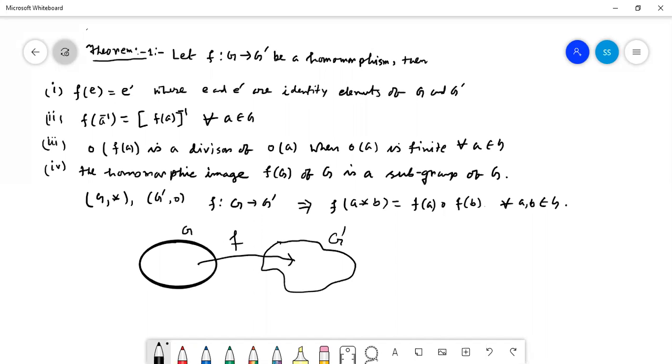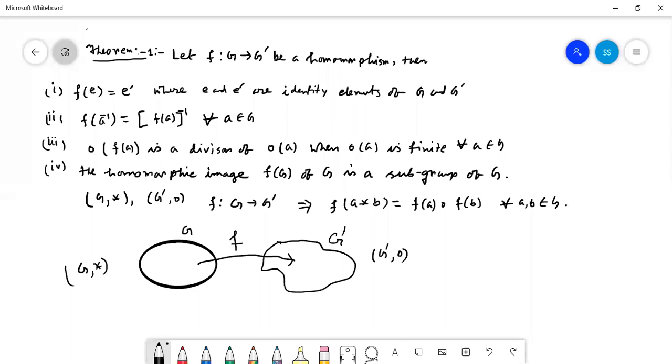Here G is the set and the algebraic structure is G, star, and here the algebraic structure is G dash, composition. This is f from G to G dash, and both are groups.